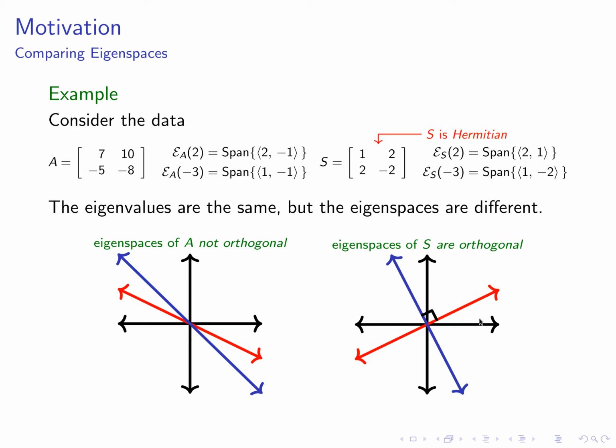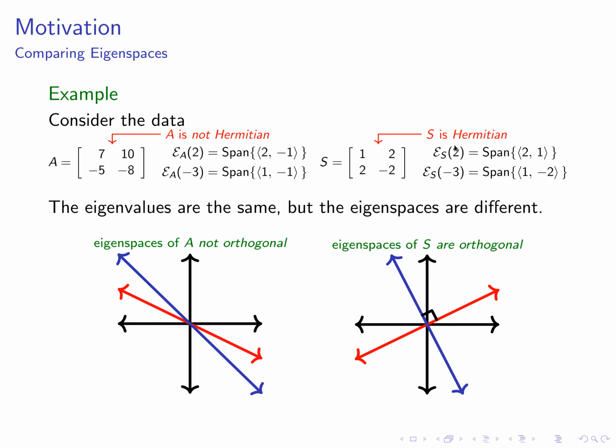One thing I'd like to point out is that the matrix S that we're working with here is a Hermitian matrix. Remember, Hermitian is a generalization of the notion of being symmetric. The conjugate transpose of S is equal to itself. On the other hand, this matrix A is not Hermitian. The conjugate transpose of A is not equal to A. So what I'm trying to illustrate with this one example is that here we have the data of a non-Hermitian matrix and a Hermitian matrix.